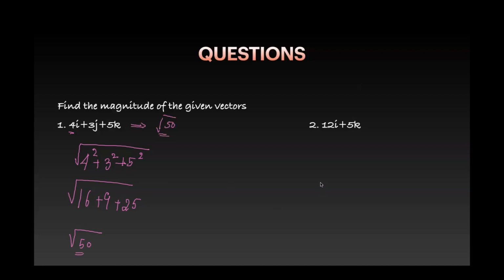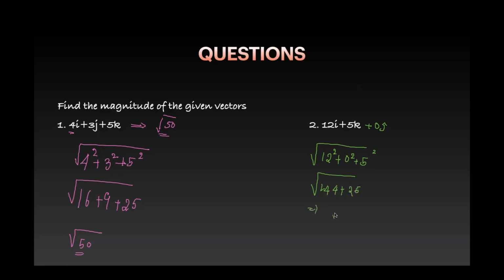Try the second question. The second question will be easier. Here there is no j cap, so you can write it as 0 j cap. Just do what I said: coefficient of i cap square plus coefficient of j cap square plus coefficient of k cap square. 12 square is 144, 0 square is 0, 5 square is 25.